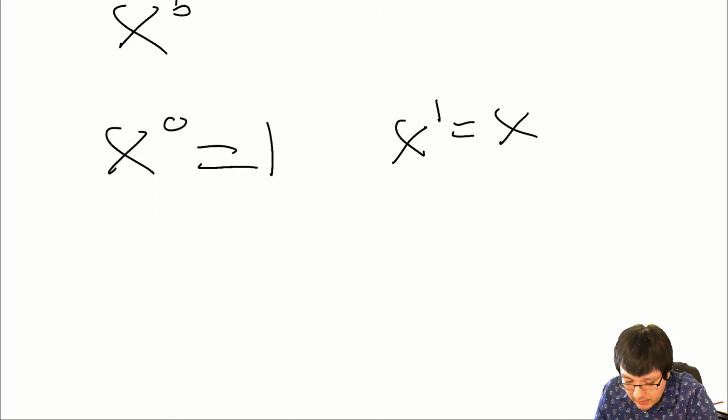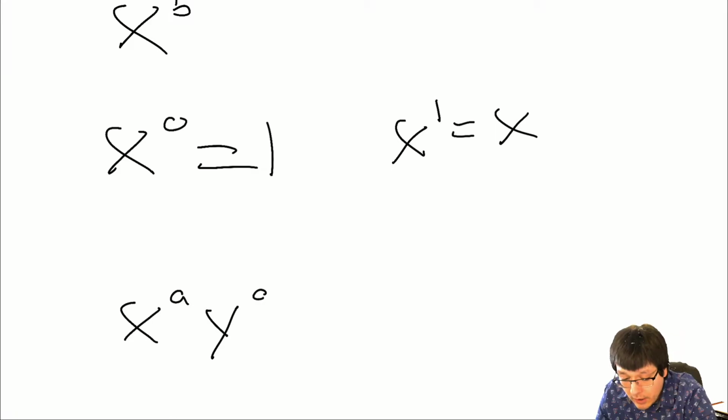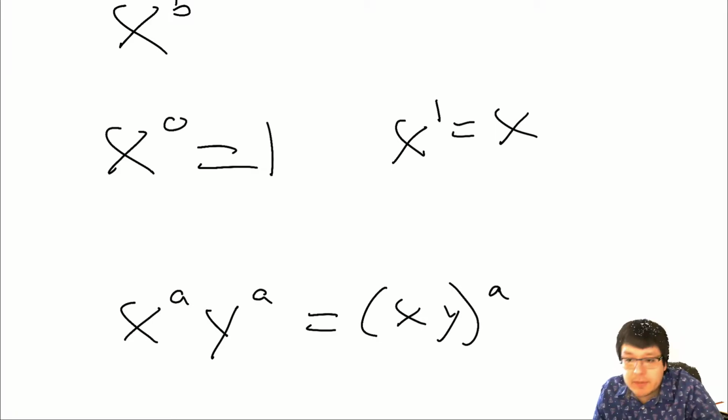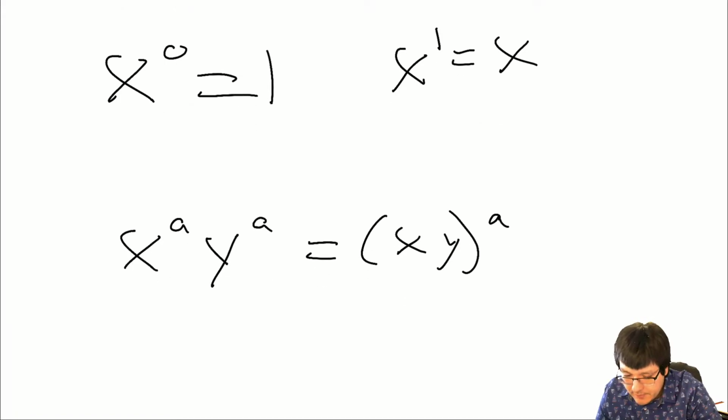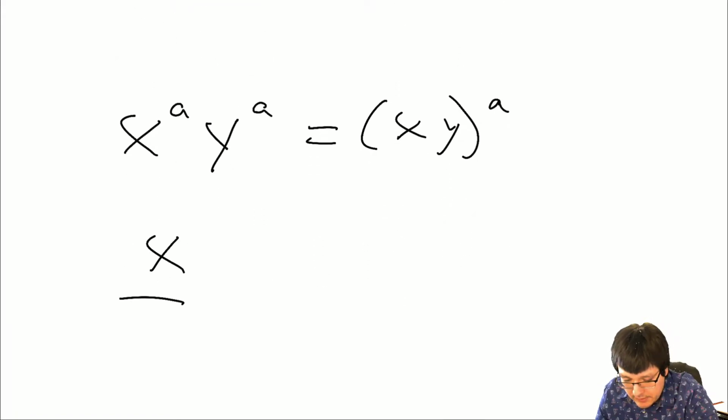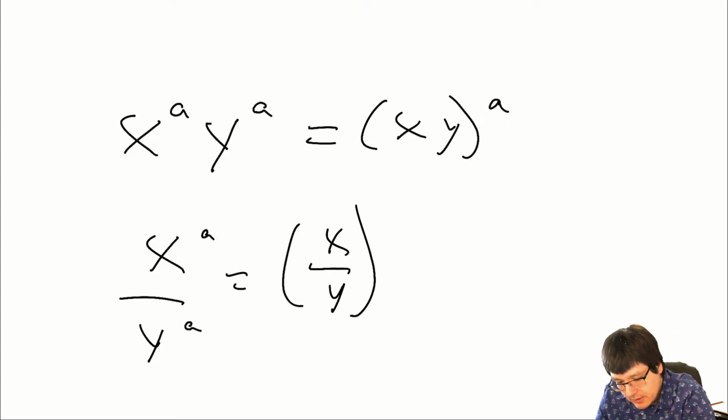Let's see. I have a couple written down here, but I'm thinking of more. If you have something of this form with exponents, like x to the power of a and then y to the power of a, then you can take out the power of a with parentheses and put it outside like that. And then the division version of that would be the one I have here. It's just that.